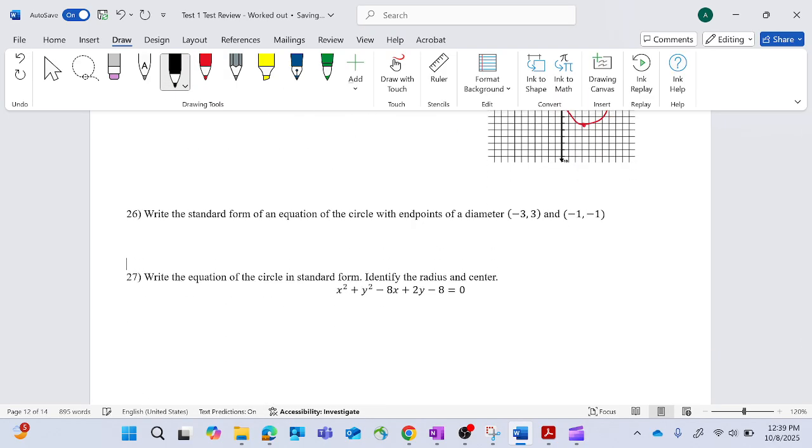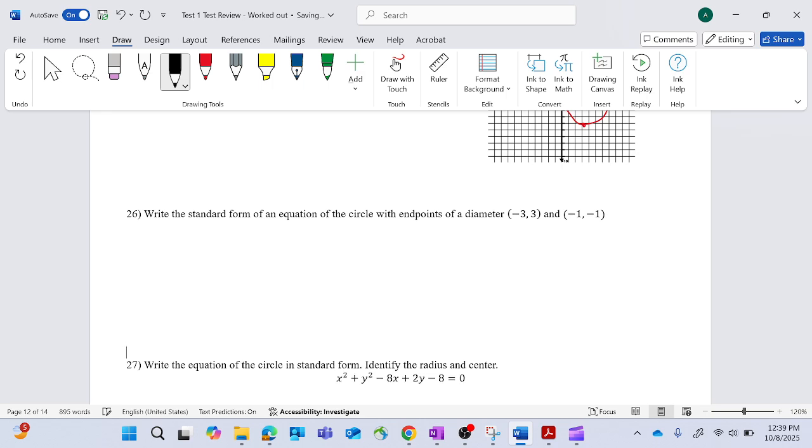26. So this is the hard one. Write the standard form of an equation of a circle with a diameter of -3 to 3 and -1 to -1. So remember, this is the diameter. The diameter goes through the center of the circle, right? So if I find the midpoint of these 2 points, I find the center of the circle.